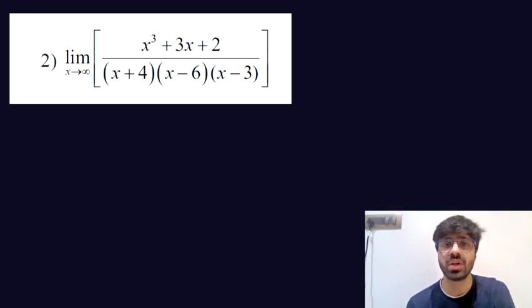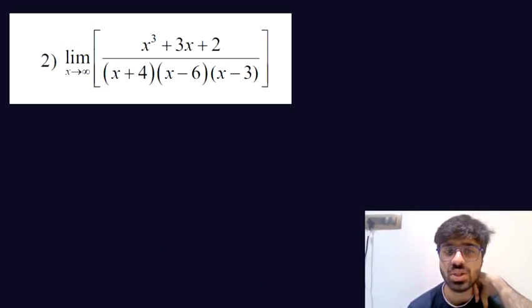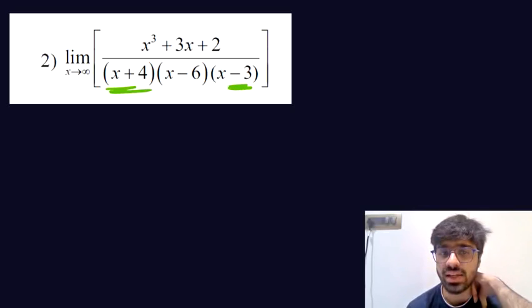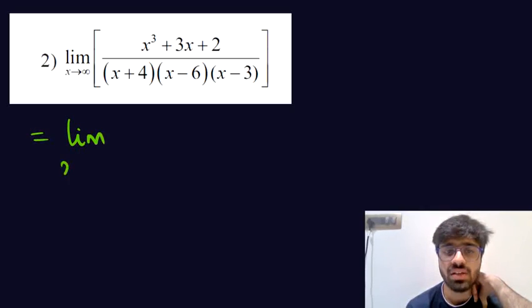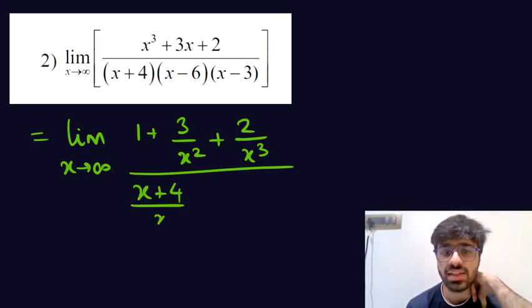Okay, that's how we are going to solve questions based on this particular concept where the limit of x tends to infinity. In the numerator you have a term in x cube. In the denominator we have 3 brackets, each of them containing an x. So we will divide the numerator and denominator by x cube. That will give us limit of x tends to infinity 1 plus 3 upon x square plus 2 upon x cube divided by x plus 4 upon x into x minus 6 upon x into x minus 3 upon x.